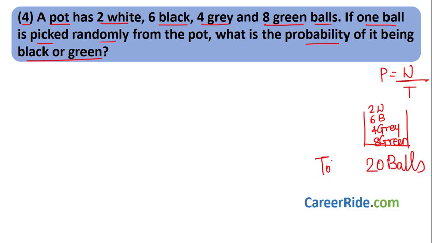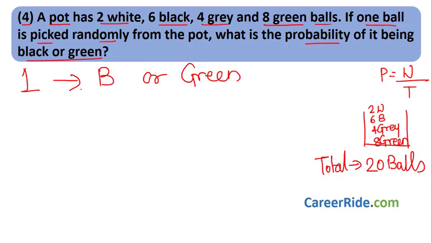That means there are total 20 possibilities, right? We have to pick one ball randomly. What is the probability that it is black or green? Okay, that means we choose one ball. What is the probability of it being black? How many black balls are there? 6 divided by total possibilities 20. Or means plus sign.